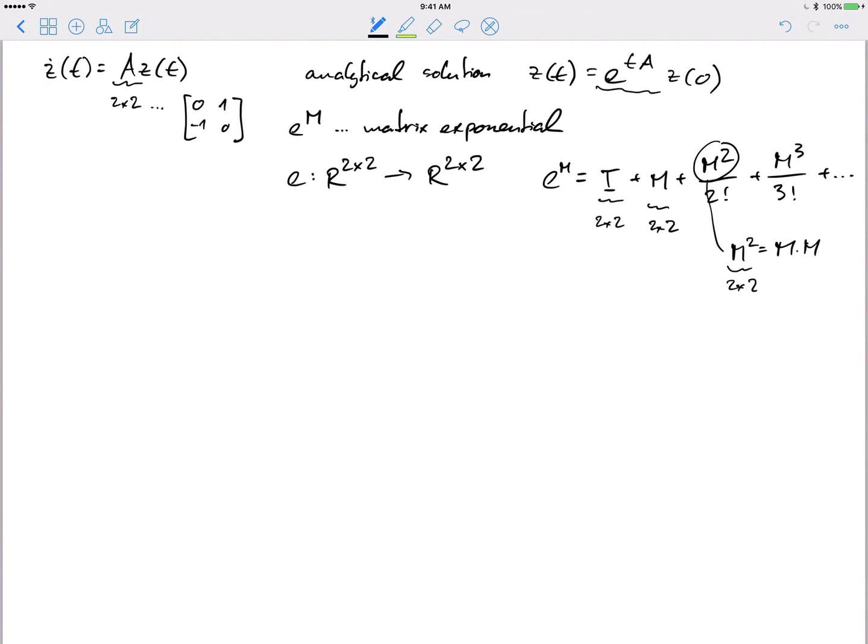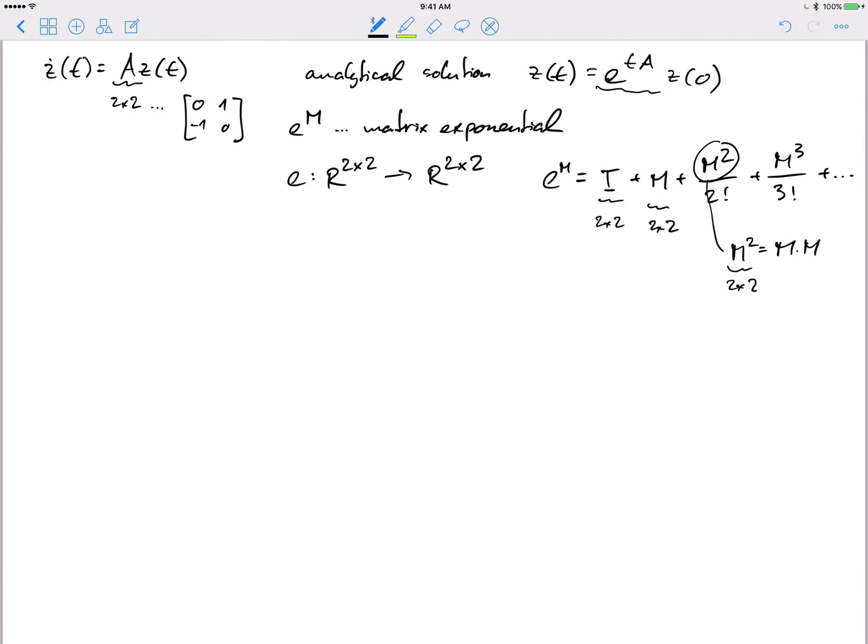So this is an infinite sum of infinitely many 2x2 matrices, which always converges. Is that true? It always converges? Yeah. If the matrix is... for numbers it is true, but for matrices it has a condition.